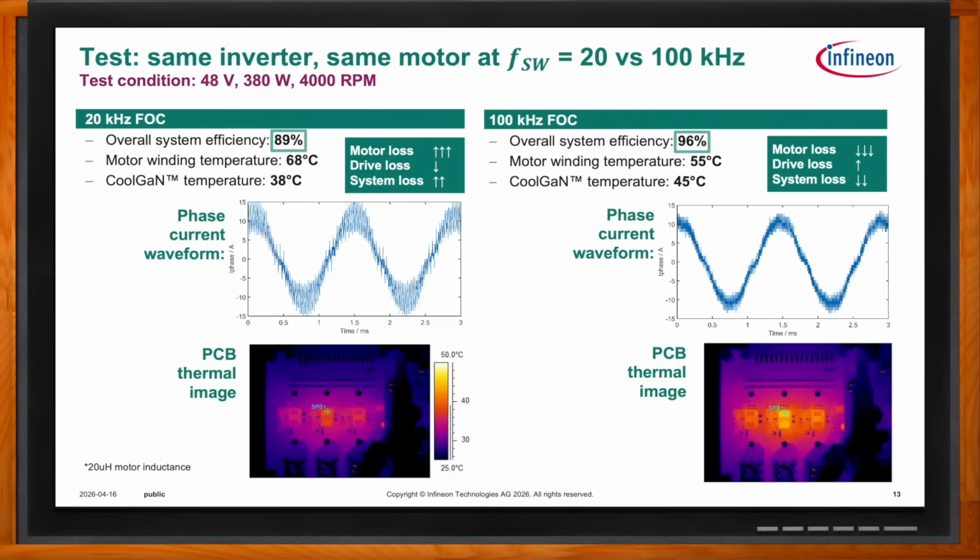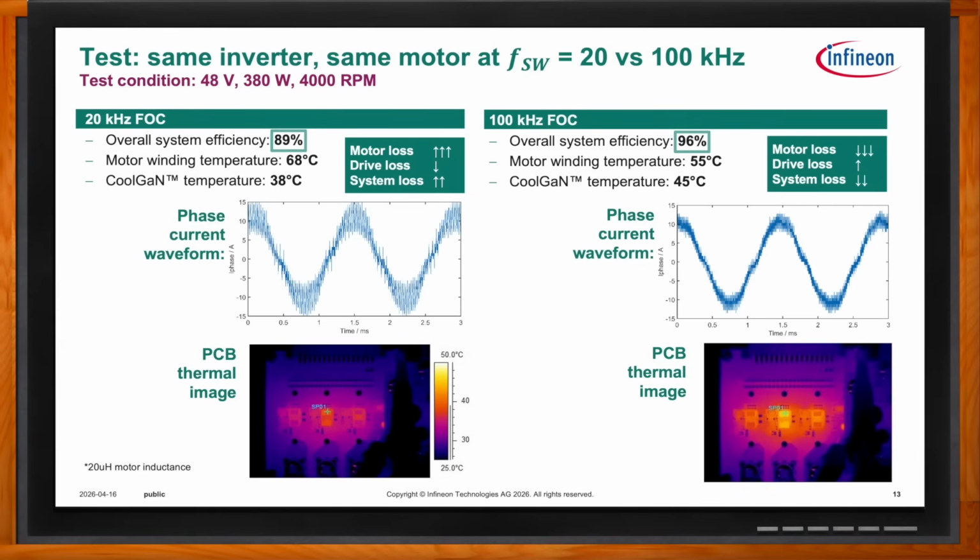What really matters here is if you go to the top line, the overall system efficiency, 89% at 20 kilohertz, 96% at 100 kilohertz. So if you do the math here and say, well, okay, what are the losses given my 380 watts of delivered power? I've got about 47 watts of total loss in the motor and drive on the left, and only 16 on the right.